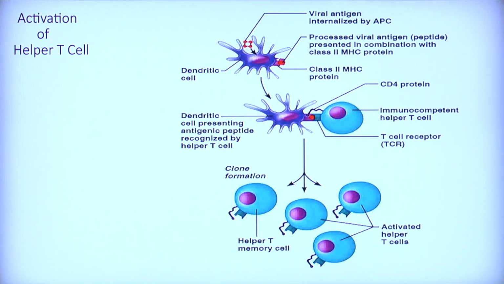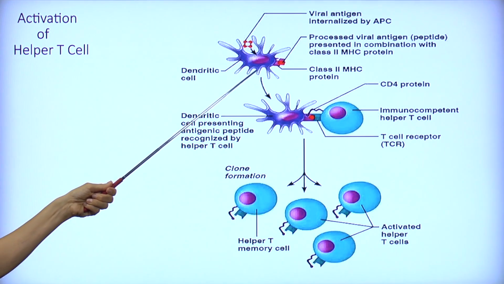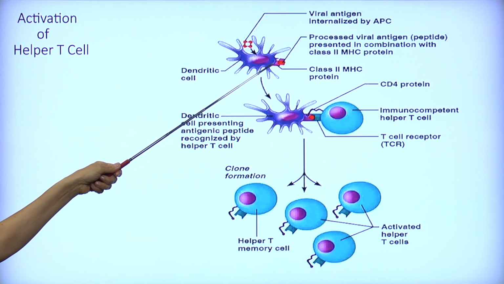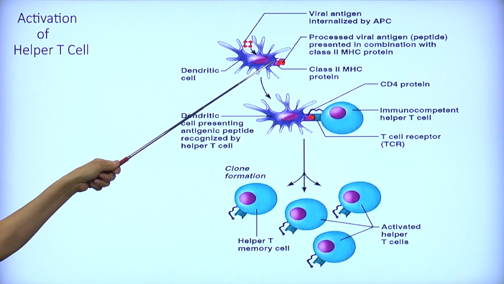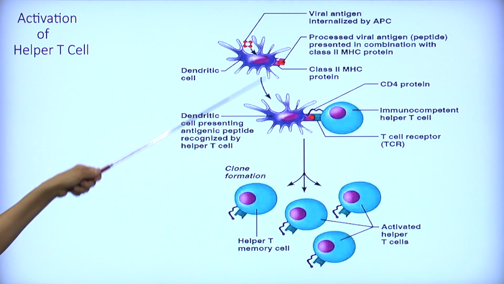So let's look at the process here. We're talking about the helper T cell. How does the helper T cell get to be activated? Well, there's going to be an antigen presenting cell. It first takes the antigen, processes it, and presents it on MHC class 2 protein.